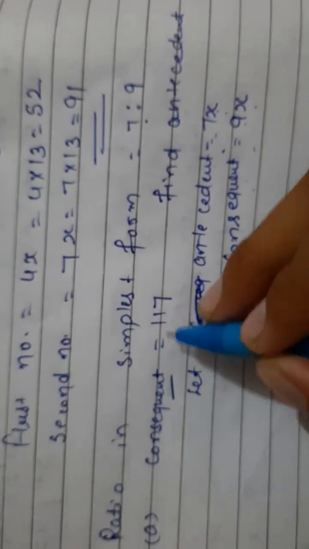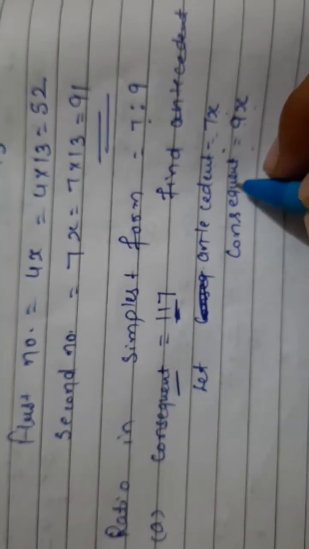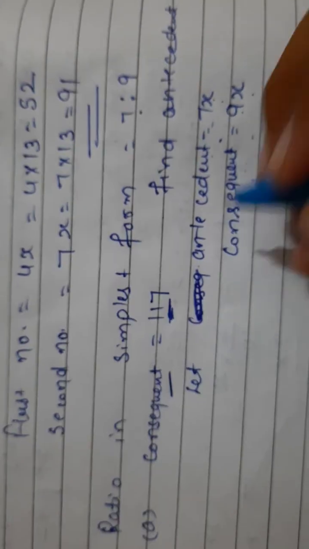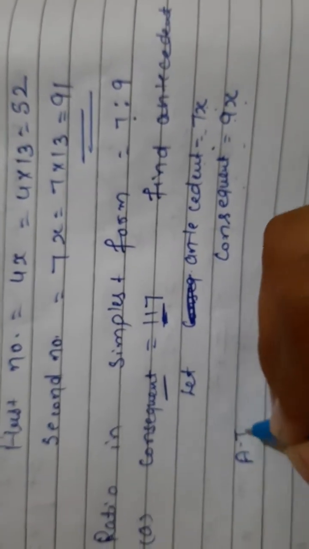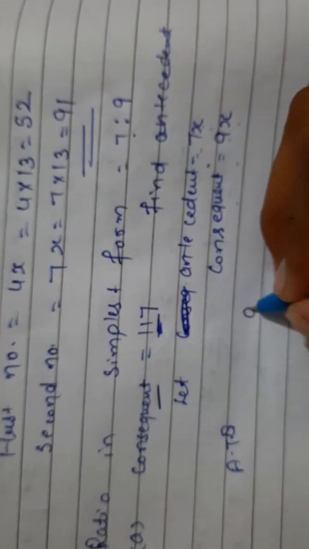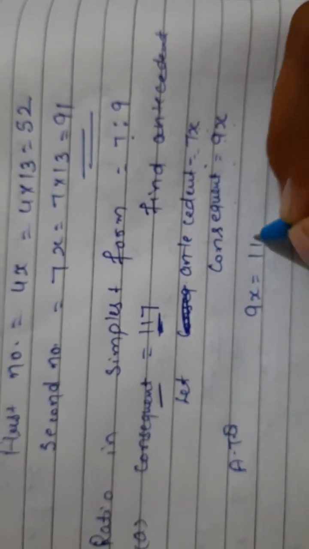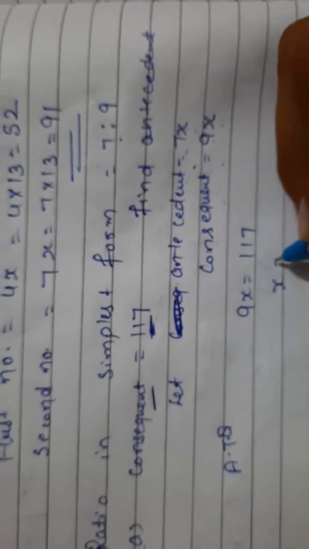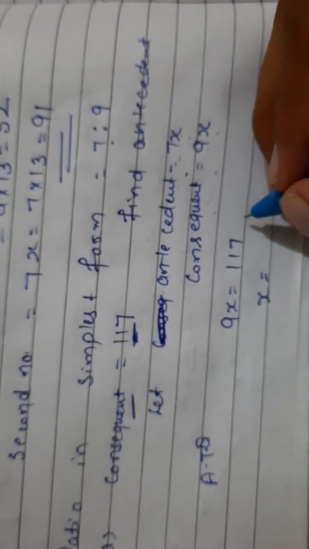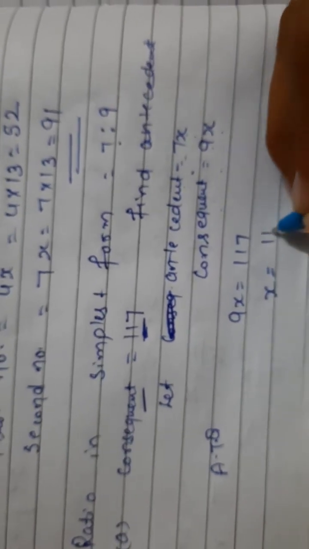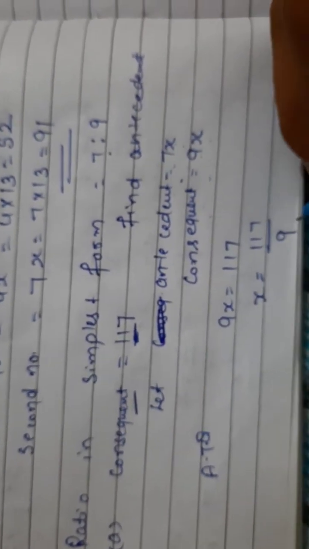they said consequent is 117. So this consequent and this consequent, they both will be equal. So we can write according to the question 9x is equal to 117. So x is equal to 117 by 9.